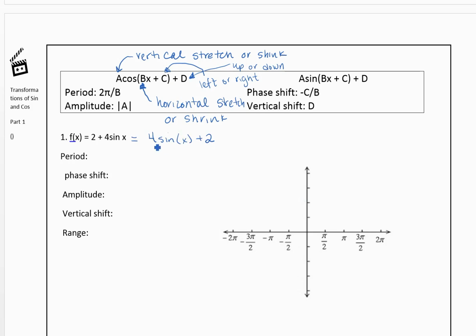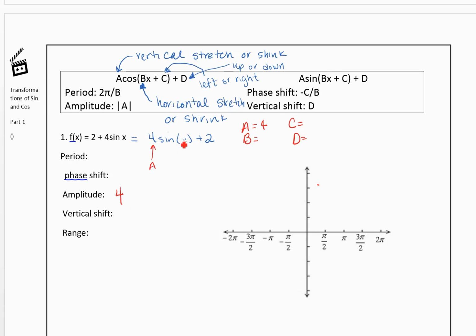Okay, so here if we list out what our a, b, c, and d are, our a, the number out in front, is 4. So that tells us that our amplitude has gone up to 4. Our graph will actually go up to 4 and down to negative 4 if we haven't done anything else.